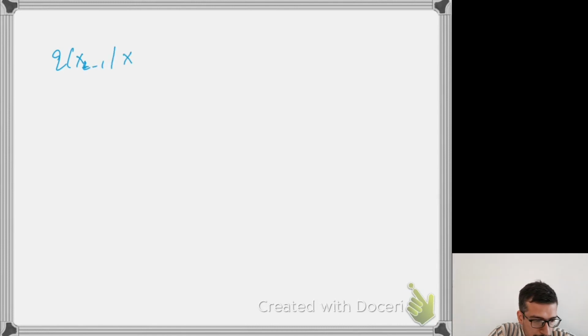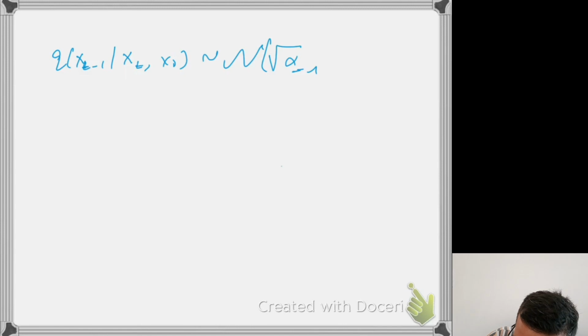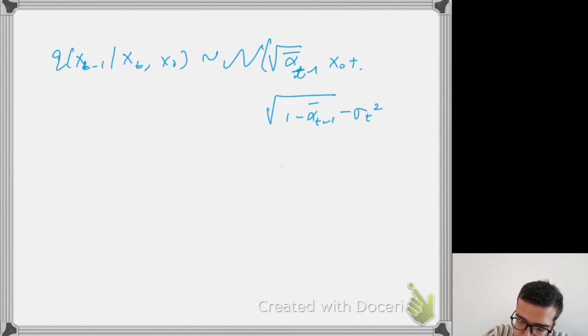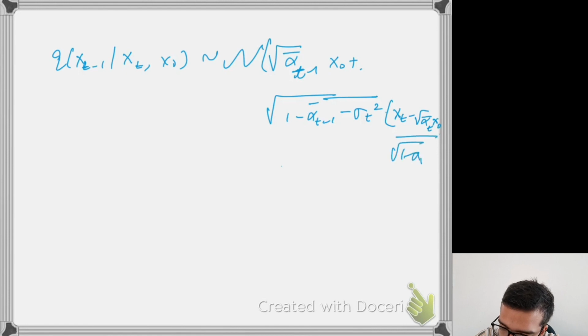of x_{t-1} given x_t, x_0 should be normally distributed with mean square root of alpha_{t-1} bar x_0 plus square root of 1 minus alpha_{t-1} bar minus sigma_t squared times this thing, (x_t minus square root alpha_t bar x_0) over square root of 1 minus alpha_t bar, which is epsilon_t, right?